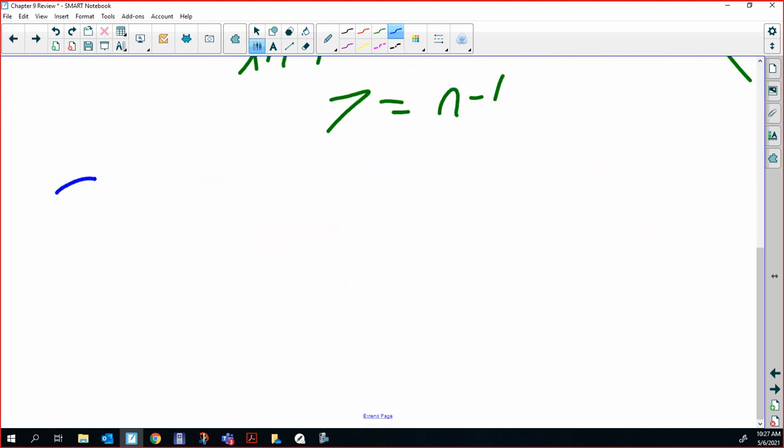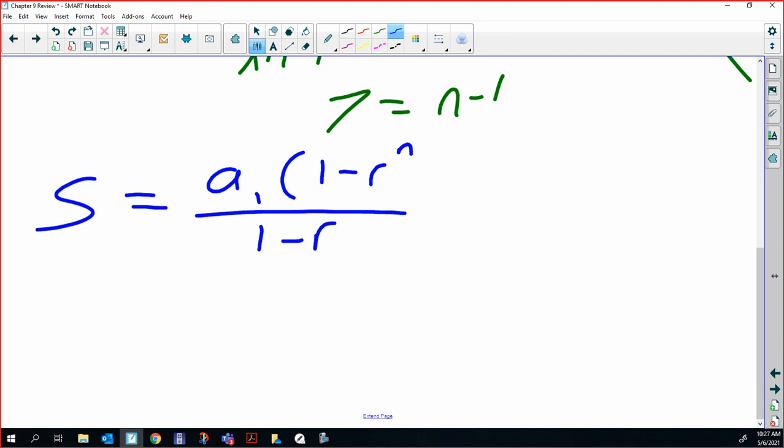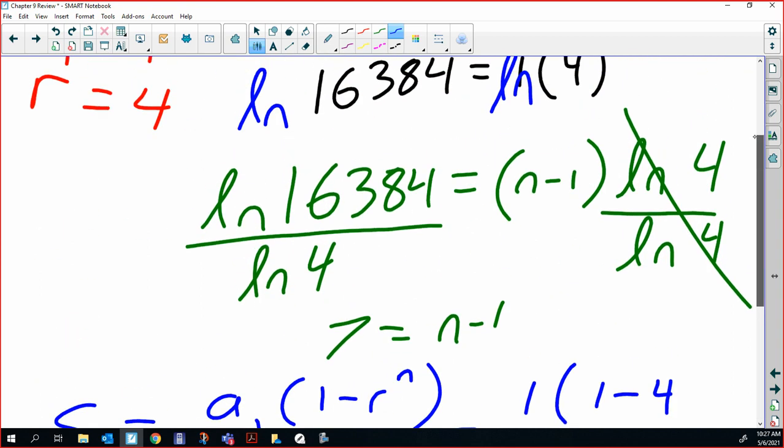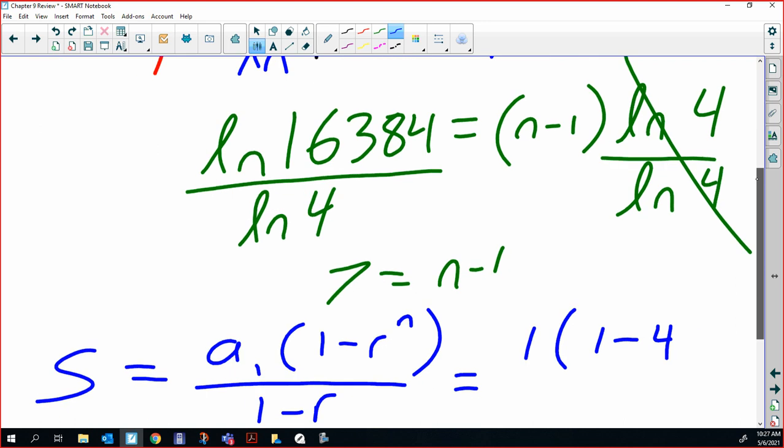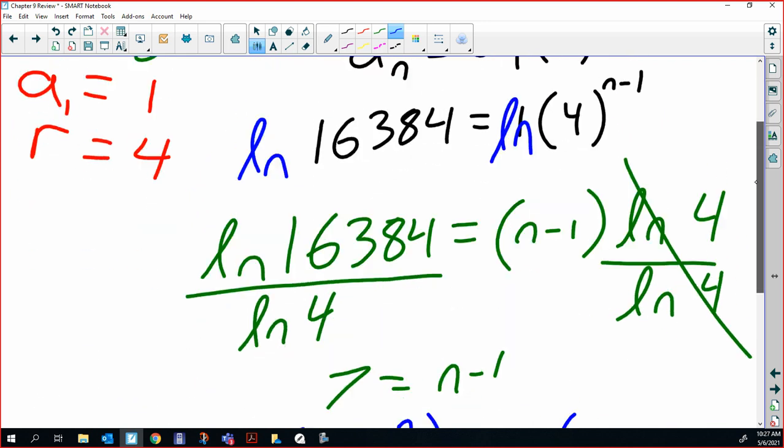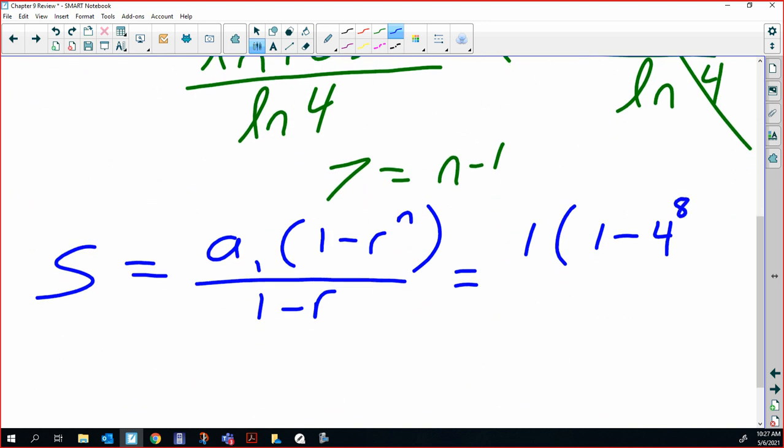So the formula for the sum is a1 times (1 minus r to the n) over (1 minus r). a1 was 1. r is 4. n is 8.